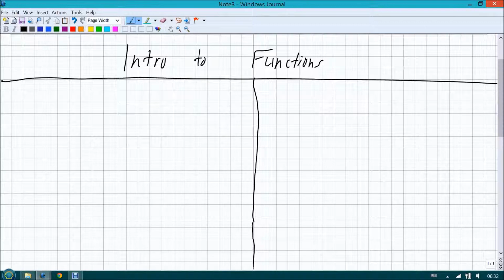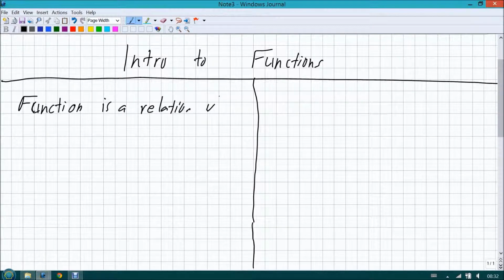Intro to functions. What is a function? A function is a relation. Let's write this down. A function is a relation where every input has exactly one output.